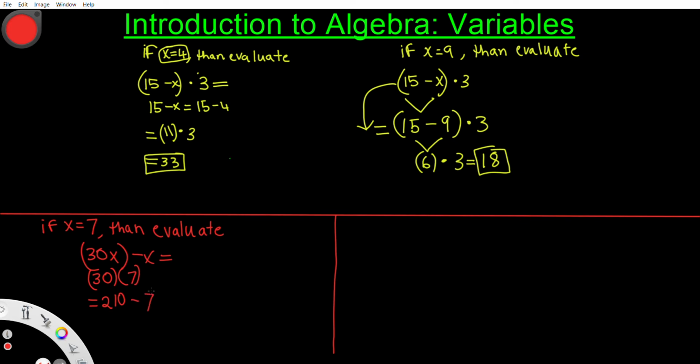And we do minus x to that, which is basically 210 minus 7, which equals 203. And that's the answer. If you got that, good job. If you don't get it, I'll just do another problem for you so you can improve your understanding.